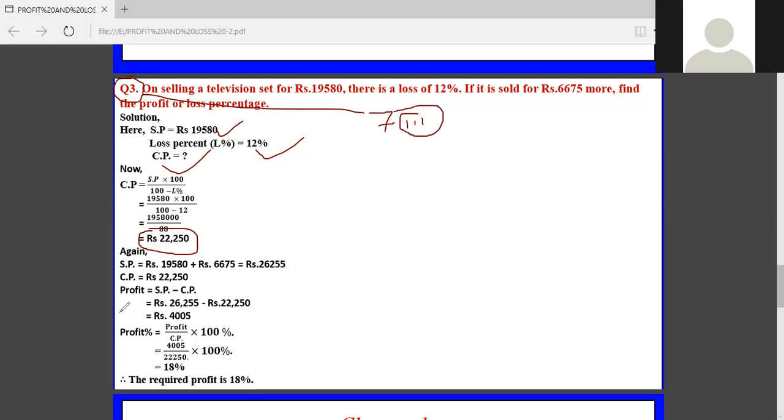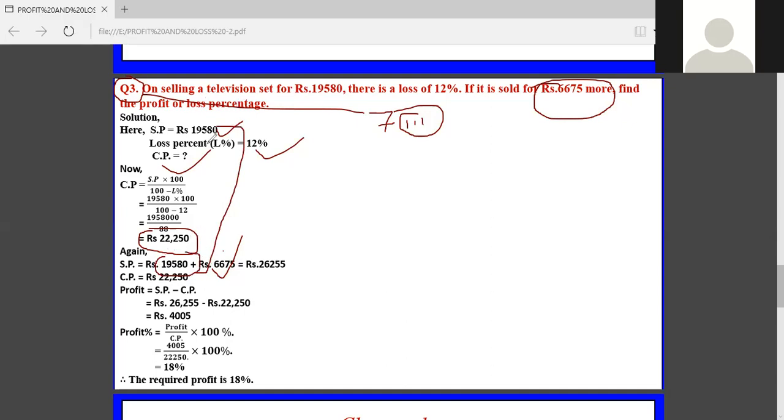Okay, and now by using this cost price 22,250 and selling price 19,580, look, 19,580 the selling price, and the question says that if it is sold by taking how much more money, 6,675, that must be added to this selling price, right?